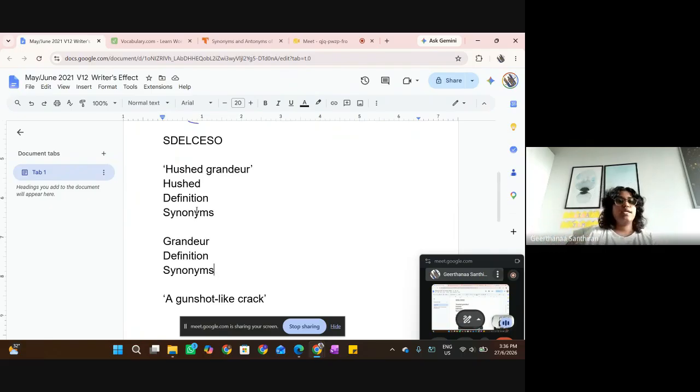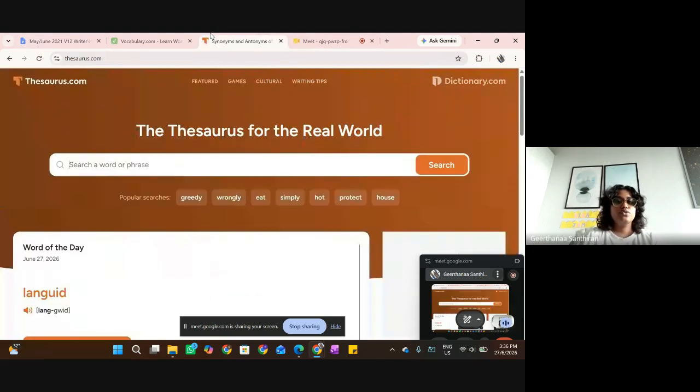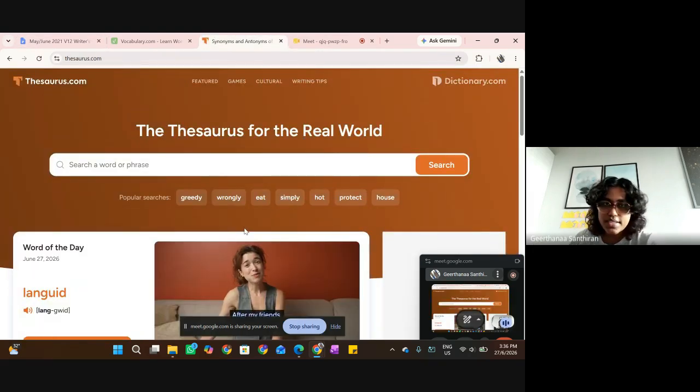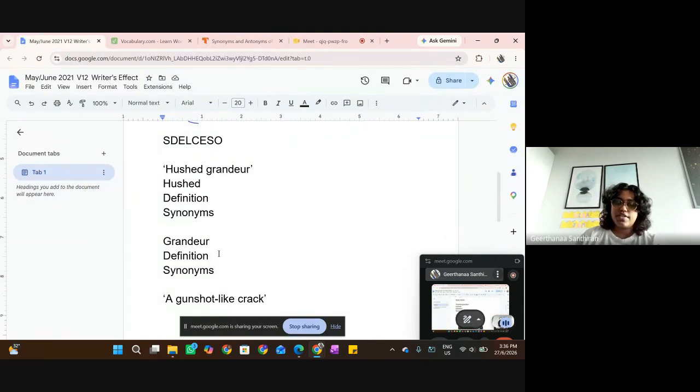So it's okay to use dictionaries to help you out, and thesaurus.com for the synonyms. That's perfectly fine. Though long term, you need to learn how to do this on your own because you are on your own during your exams, right? So feel free to Google, especially if you're unsure about the word.